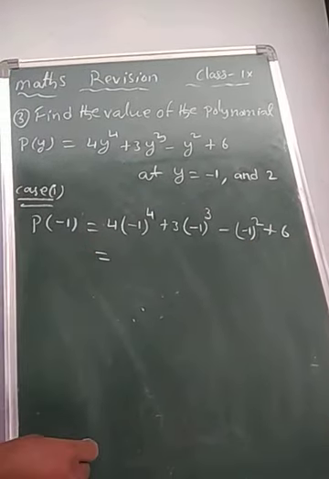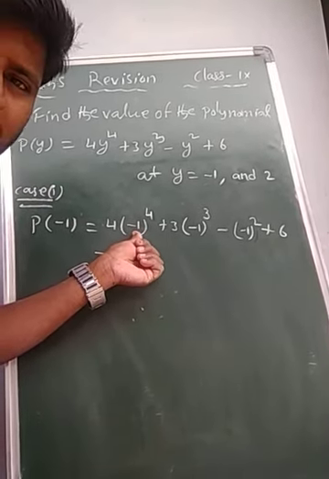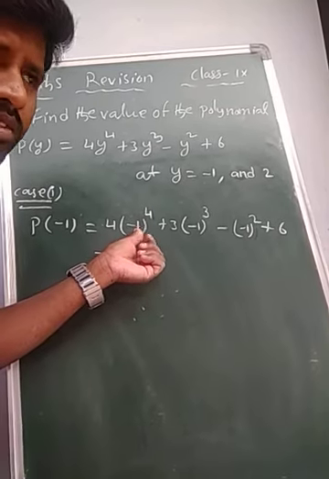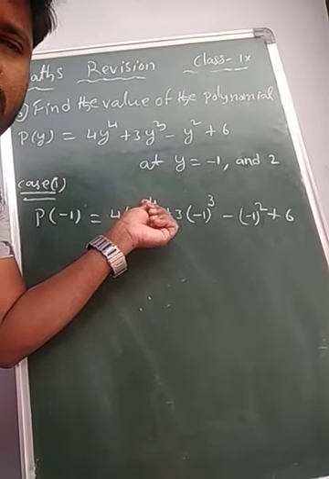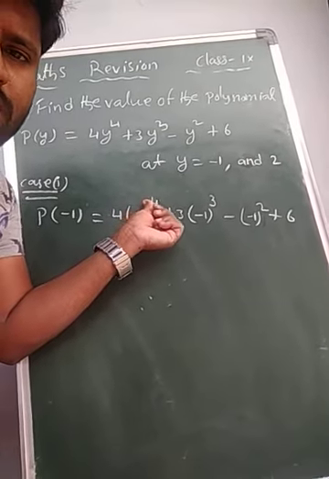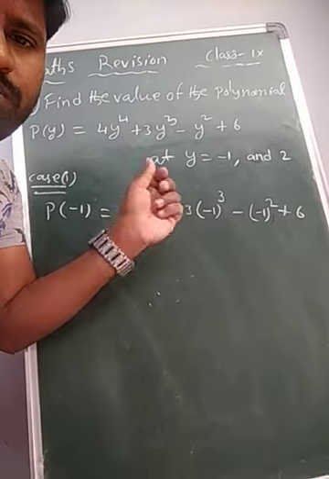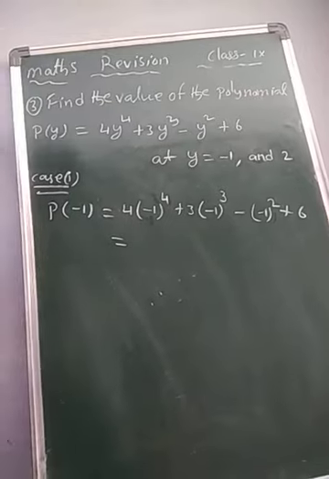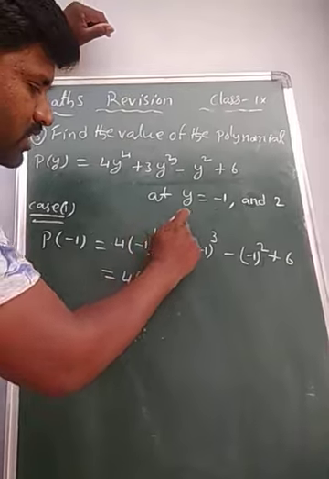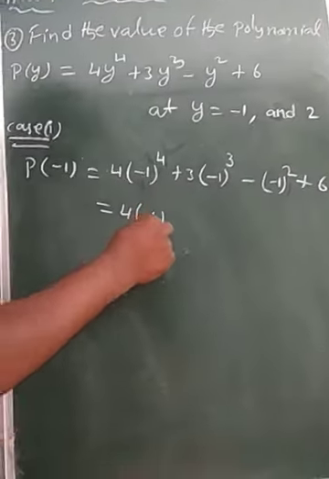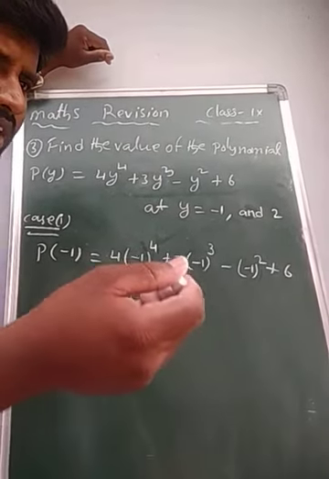We know, children, a negative number raised to an even power gives a positive, yes or no? A negative number raised to an odd power gives a negative. See, here 4 of (-1) power 4, 4 is an even number, that's why we get a positive number. 1 power 4 means 1 into 1 into 1 into 1, we get 1 only.